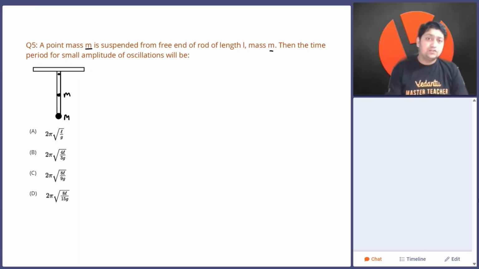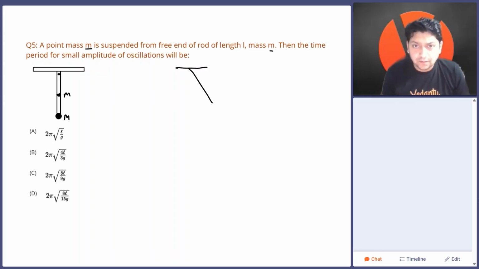Then the time period for small amplitude oscillations will be, okay, so this is a compound pendulum, right? And we can easily figure it out. Suppose this is the center of mass for the rod, this is the point mass which we have considered. Suppose a small oscillation angular displacement of theta is given.